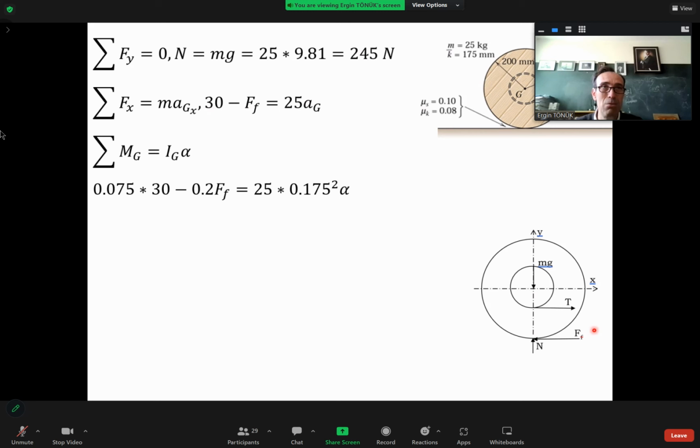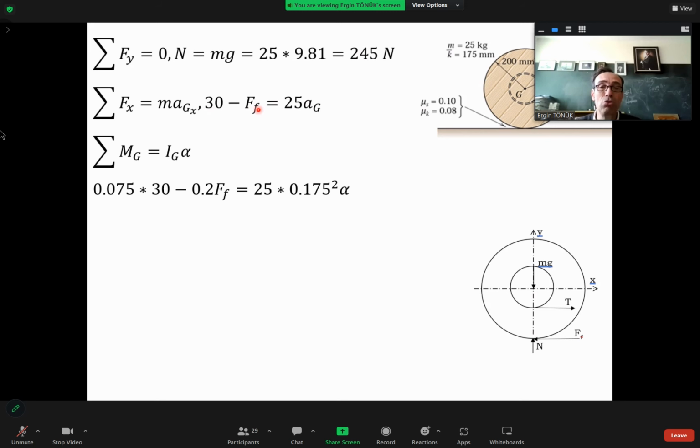It has the maximum value. So I can substitute it and I can solve for these two. The other option is it is not slipping. Then friction force is an unknown value, but it should be less than or at most equal to mu s times N. Okay?